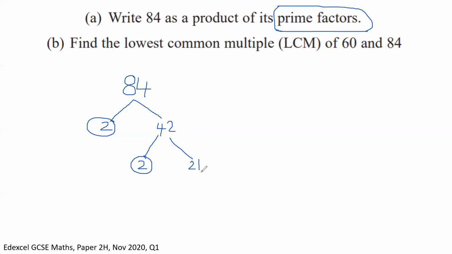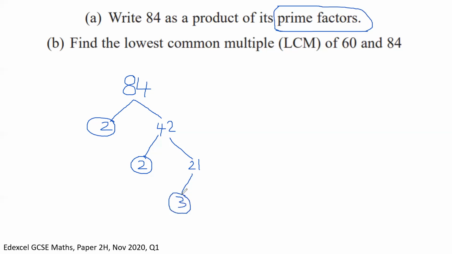Now 21 is back into the range where you're hopefully starting to recognise some times tables that have got 21 in them. We can see that it's not divisible by 2. So we'll just go up the times tables until you find a number that it is divisible by. What about 3? Yes, we can divide 21 by 3 and get a whole number.